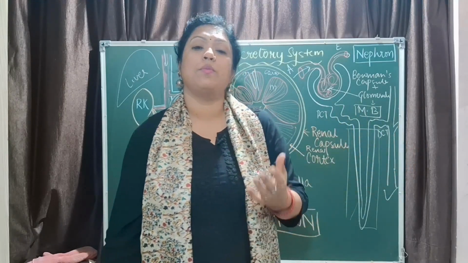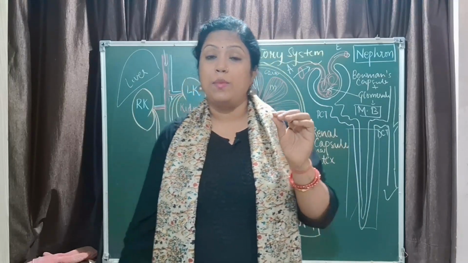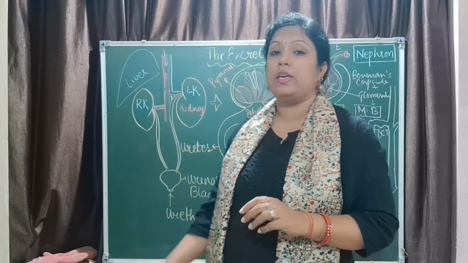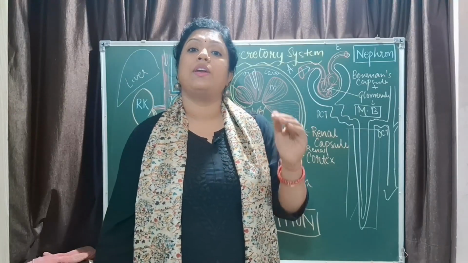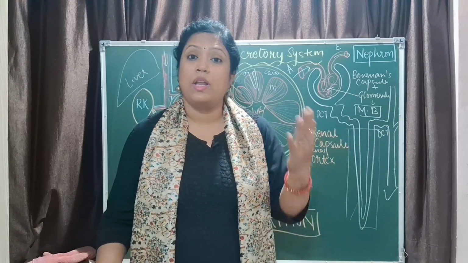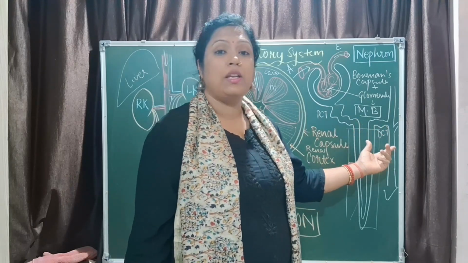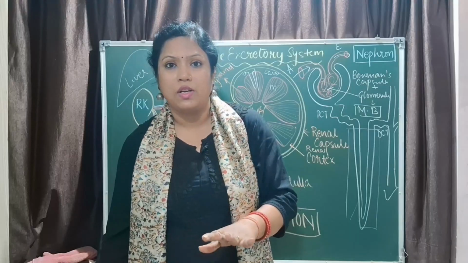And finally, in the distal convoluted tubule, there is a huge reabsorption of water, because your body tries to maintain the concentration of water in your body. The important function of the kidney is osmoregulation, and osmoregulation helps in retaining the content of water in your body. So if you are dehydrated, then reabsorption of water will be maximum, so you pass out concentrated urine.